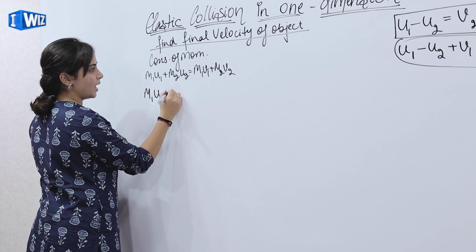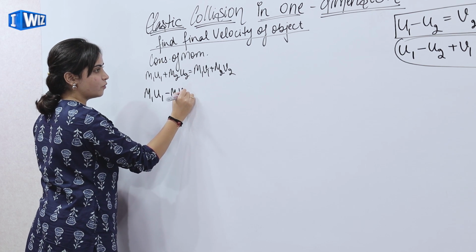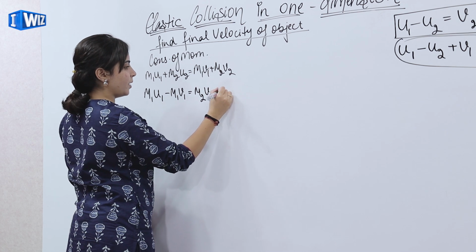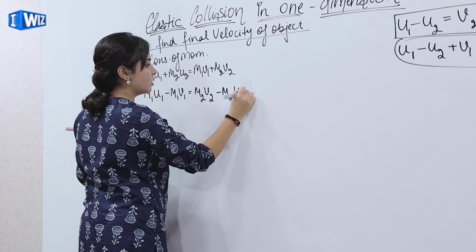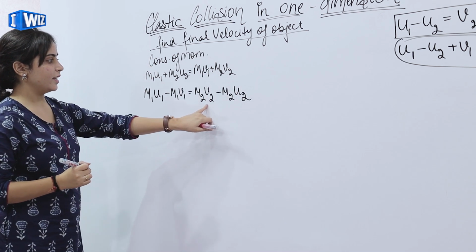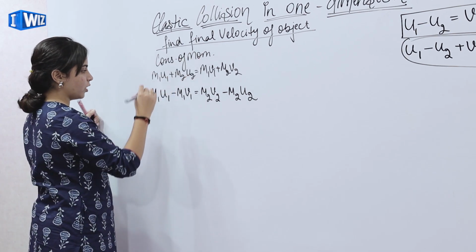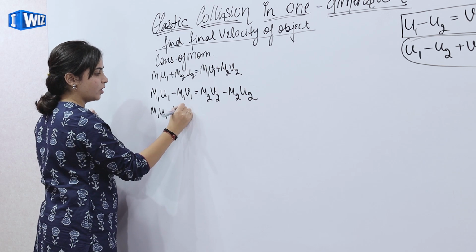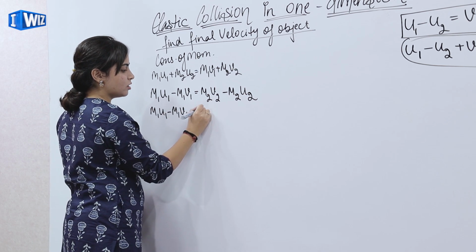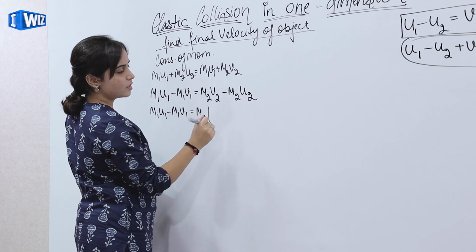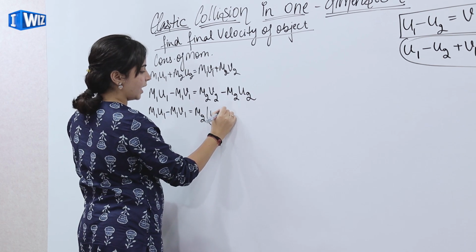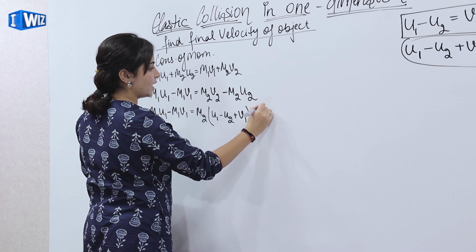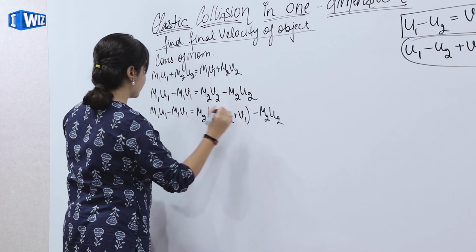m1 u1 minus m1 v1 is equal to m2 v2 minus m2 u2. Here is v2. Substituting the value from there, I'll get m1 u1 minus m1 v1 is equal to m2 times u1 minus u2 plus v1, minus m2 u2.